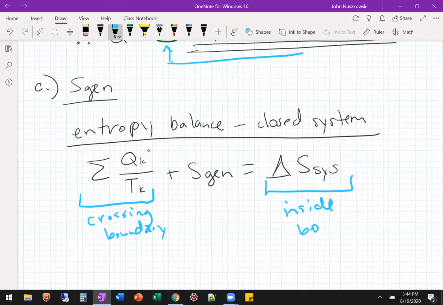So this is the CO2 inside our boundary. This is how entropy can enter or exit in a closed system. All right, and then SGen just takes up the difference. That's why it's an entropy balance and not a conservation of entropy, okay?